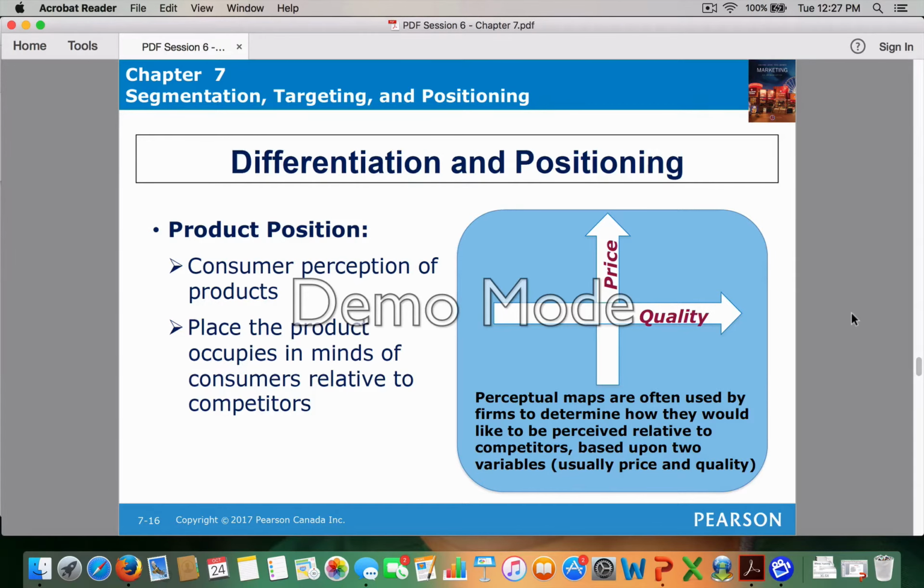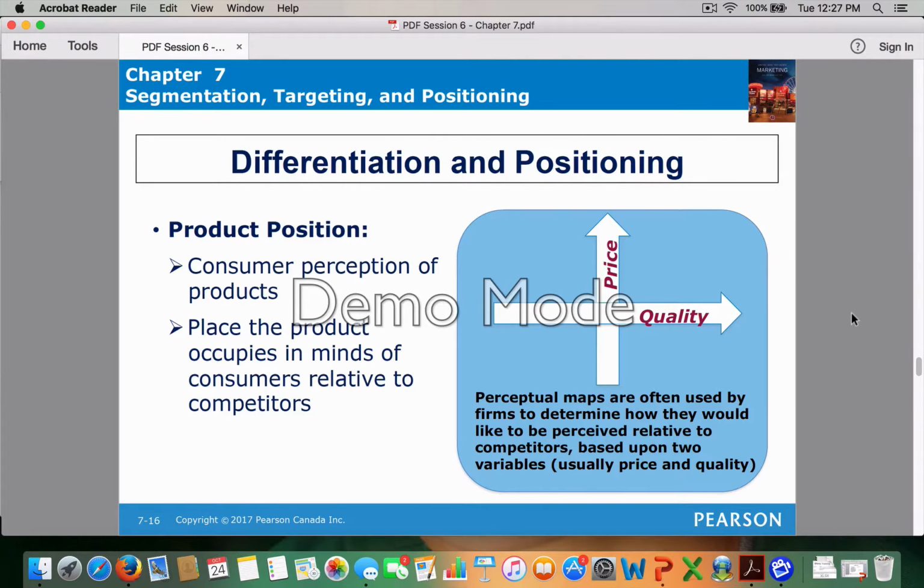Perceptual maps are an incredibly useful tool to determine how your product is positioned relative to the competition. So you could pick any two relatively important variables that are important to your product category. Price and quality are two, but it doesn't have to be. It could be quality and convenience.